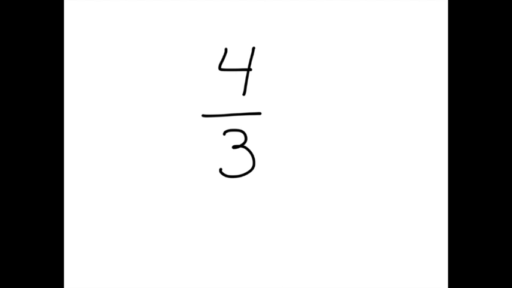It has a larger number in the numerator, and it has a smaller number in the denominator, down, down, down, down below. So this is what we call an improper fraction.